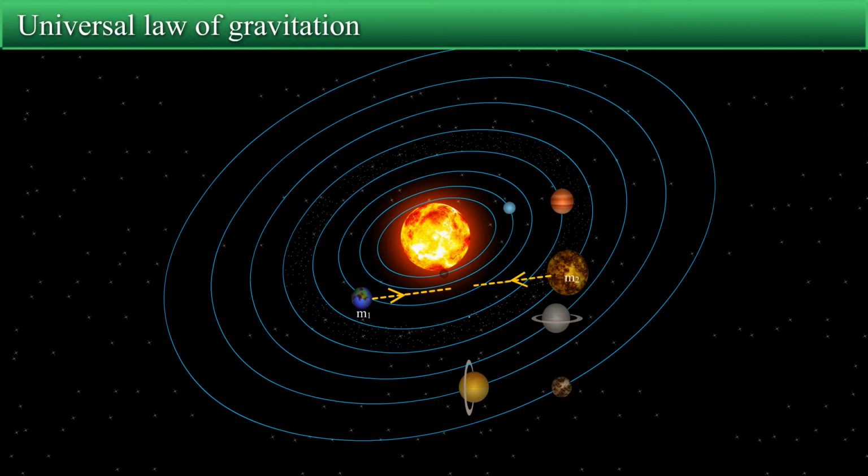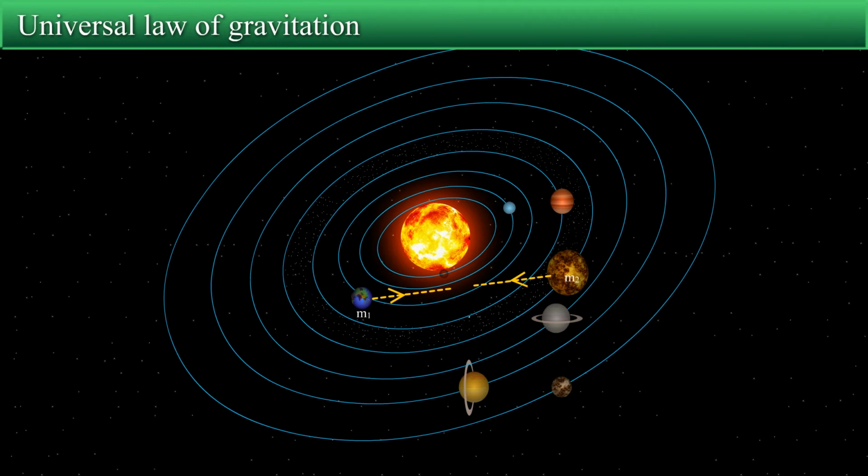According to this law, every object in the universe attracts every other object with a force which is directly proportional to the product of their masses and inversely proportional to the square of the distance between them. The gravitational force is along the line joining the centers of two objects.